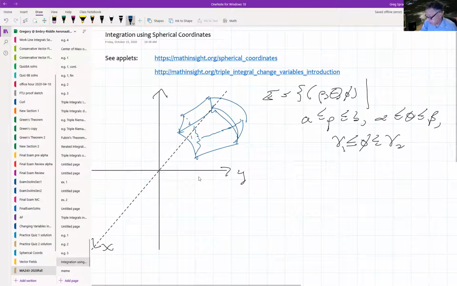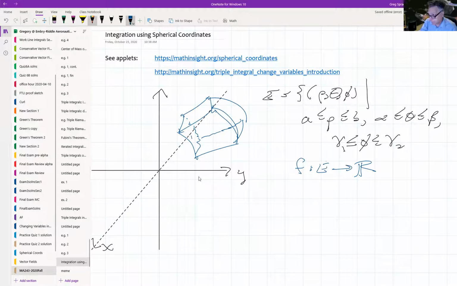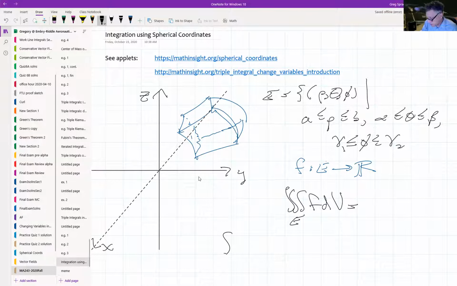And suppose we have a function defined on E, and we want to integrate over it. But we can do this using an iterated integral.